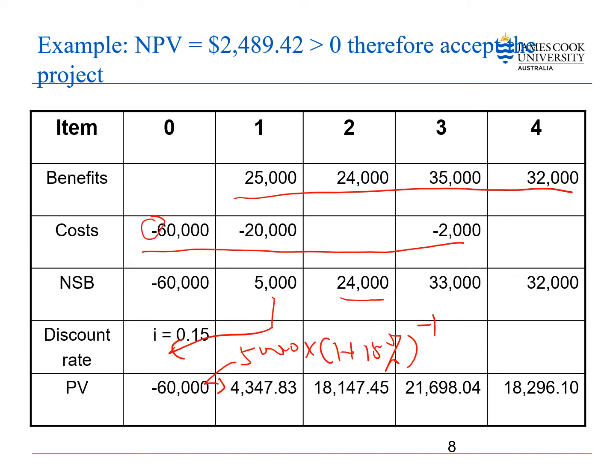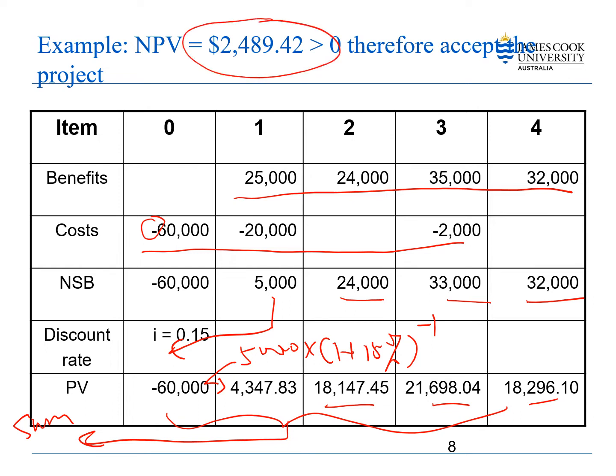Similarly for the second, third, and fourth terms, then add all this up, sum them up, and we get an NPV of $2,489.42, and it is positive. We conclude that this project is efficient.